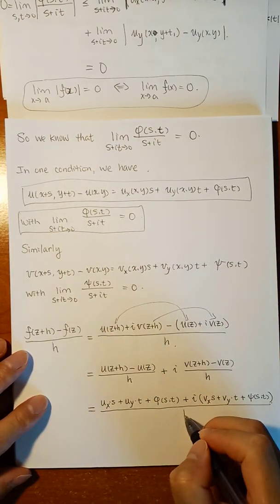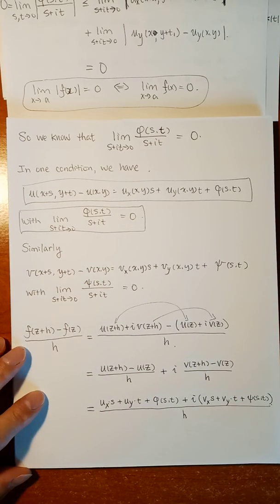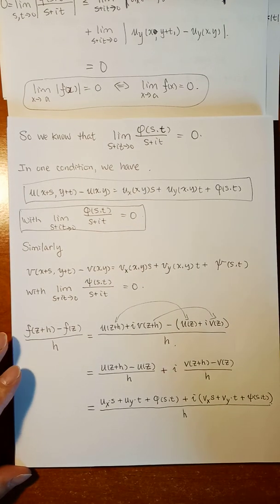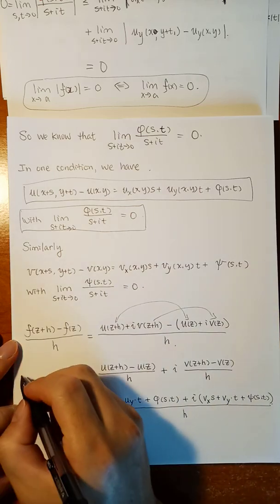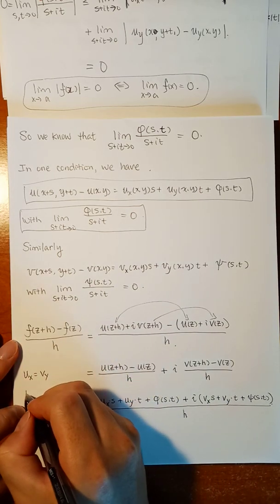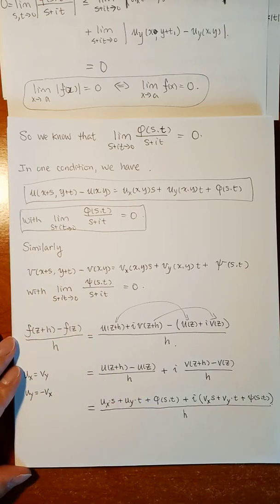Let's put them together, totally over h. So far, we still don't use the Cauchy-Riemann equation, right? What is the Cauchy-Riemann equation? u_x is v_y. u_y is negative v_x.